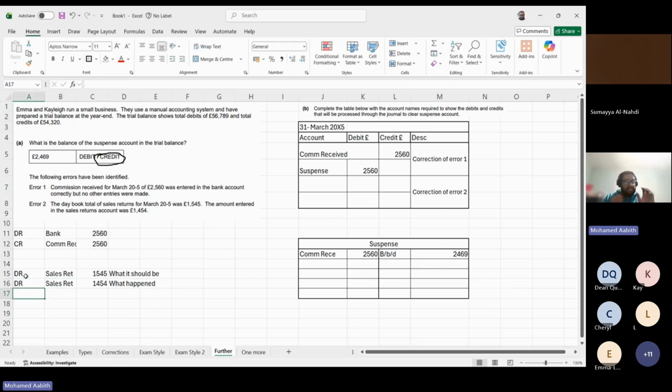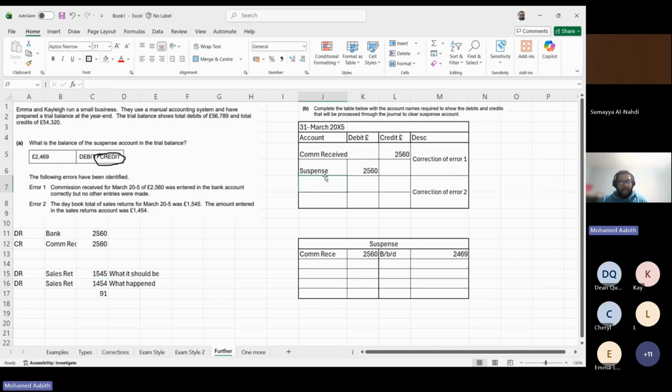So my apologies, guys. What they're saying here, the amount was entered into the sales return account. Sales return account is a debit account. We put 1545. That is the amount it should be. But what we entered is 1454. Therefore, there is a discrepancy. How much is the discrepancy there? It is for the amount of £91. We need to add more on the sales return account to get to that figure.